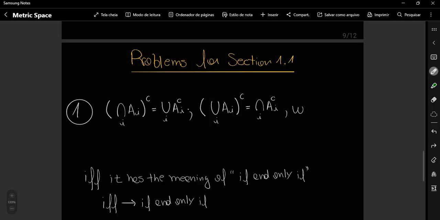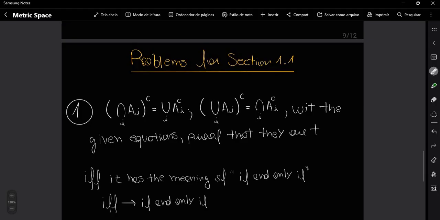So with the given equations, prove that they are true using De Morgan's law.